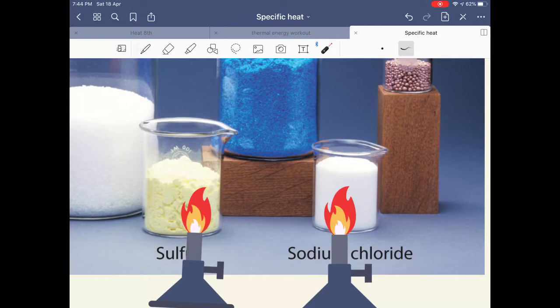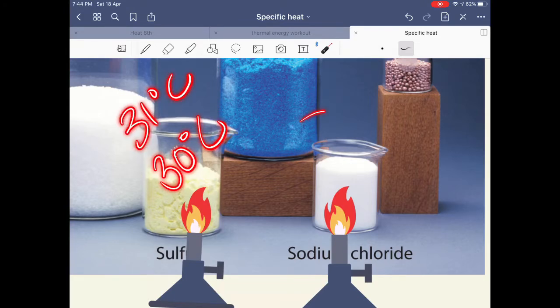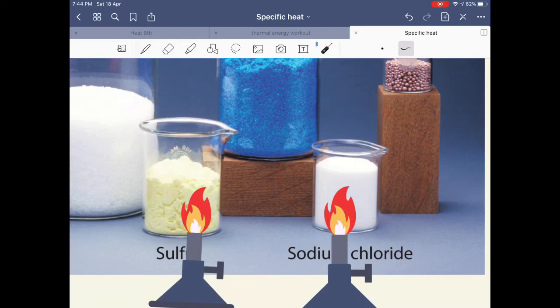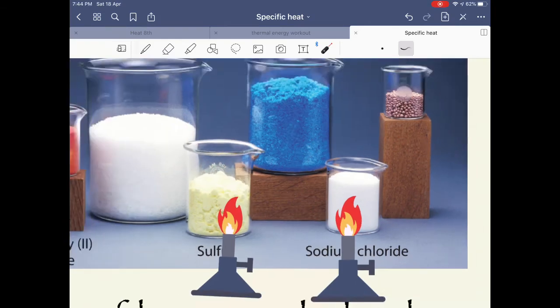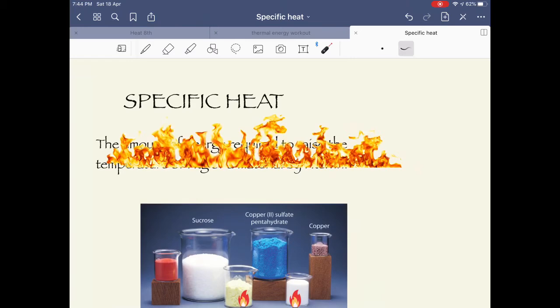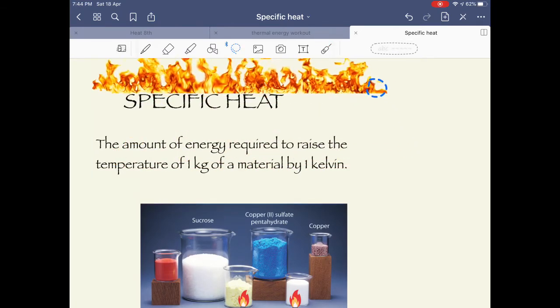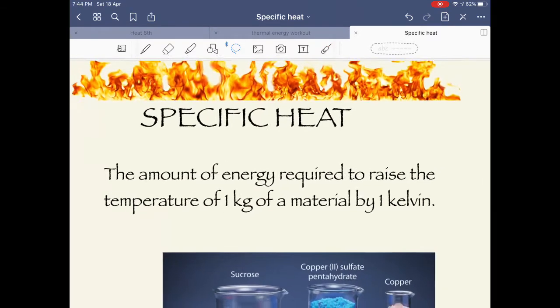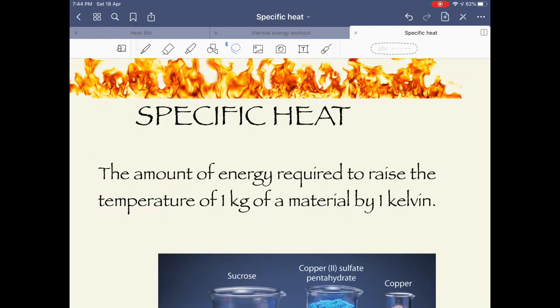So let's say if we want to increase this one from 30 degrees to 31 degrees, and this one as well, they would need different amounts of heat. So let's go back to the meaning of specific heat, which is the amount of energy required to raise the temperature of 1 kilogram of a material by 1 Kelvin.